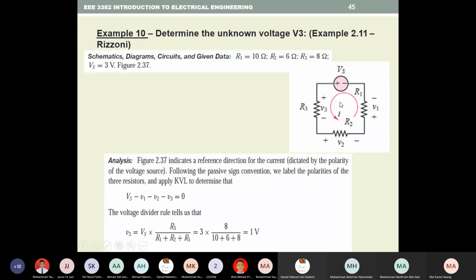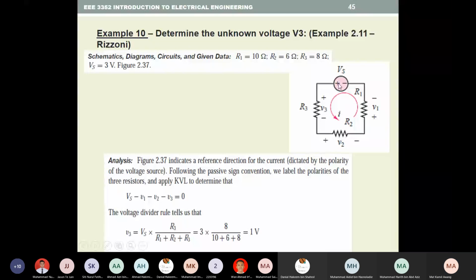So from here, we use the KVL, the Kirchhoff voltage law, which is the summation of voltage in a loop is equal to 0.